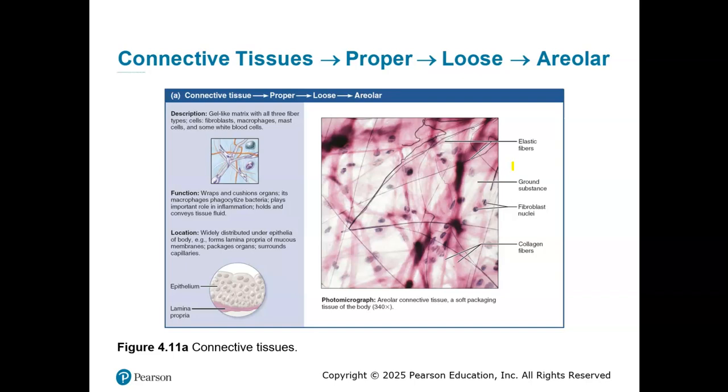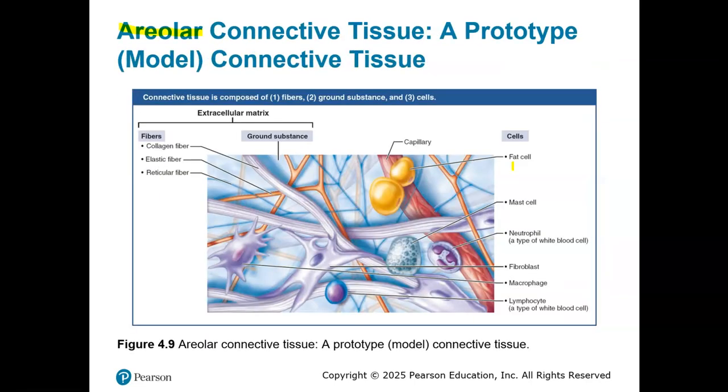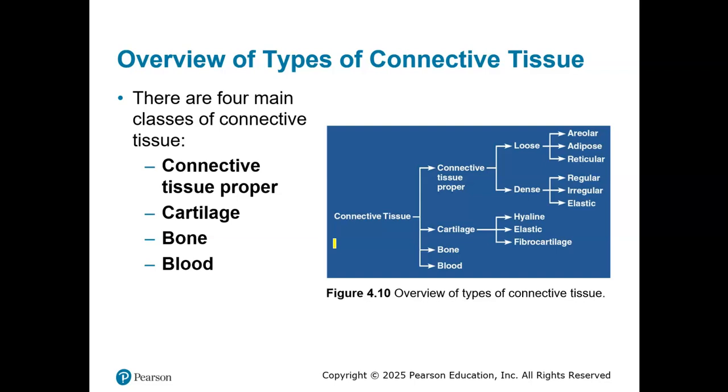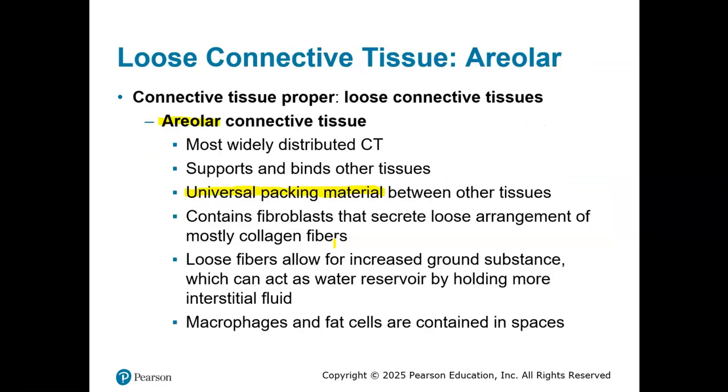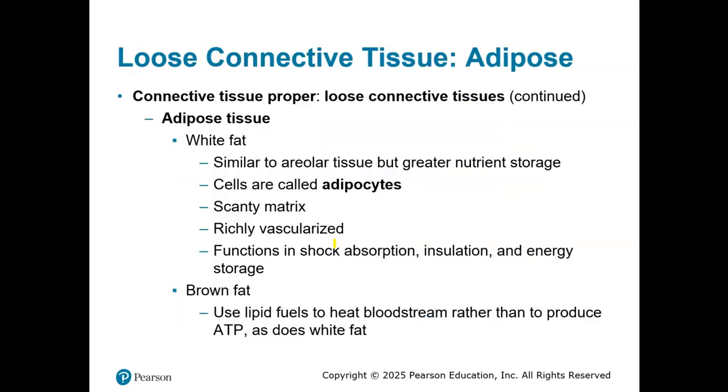In fact, I wanted to show you that picture again so you can see collagen fibers are thick, elastic fibers are thinner than that. But remember, I told you the reticular fibers are very thin and branching. These blue fibers are reticular fibers. Okay, so areolar tissue is a loose connective tissue, and it is the universal packing material of the body.